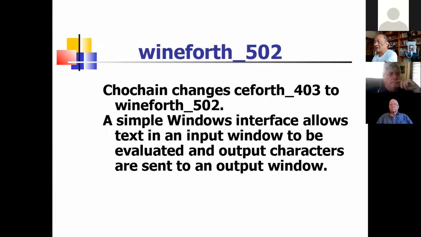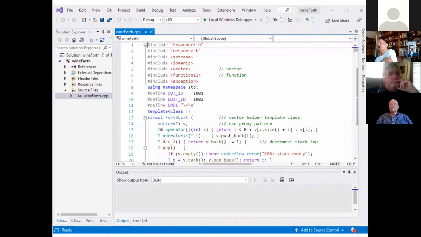It uses a very simple window interface, which allows us to enter text in an input window to be evaluated, and then output characters are sent to an output window. So it is a very simple Windows user interface, but I think it is just what we need to run Forth programs.